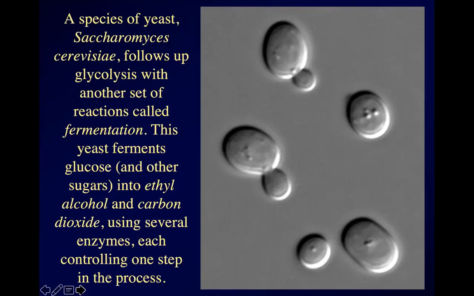But it will follow up glycolysis with another set of reactions called fermentation. And so yeast will take that glucose and turn it into pyruvate, and then ferment the pyruvate, goes through several steps, and turn it into carbon dioxide gas and ethyl alcohol. Ethyl alcohol being the stuff that people have been known to drink.